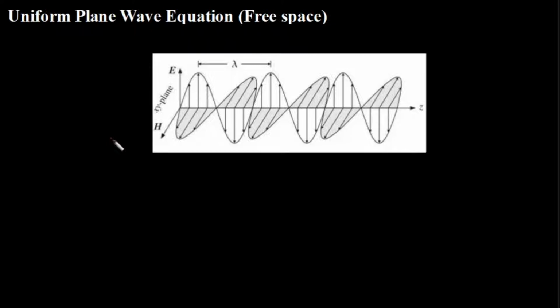And the second point is both these vectors, that is the E vector and H vector, should have the same amplitude and phase throughout the plane. Then I can call such waves uniform plane waves. So we are not discussing in detail plane waves, we will be discussing in detail uniform plane waves.